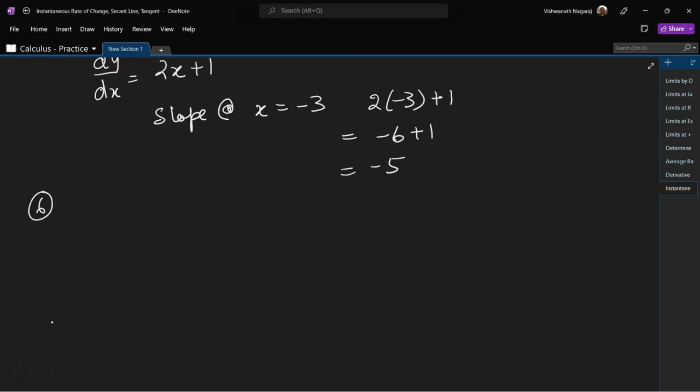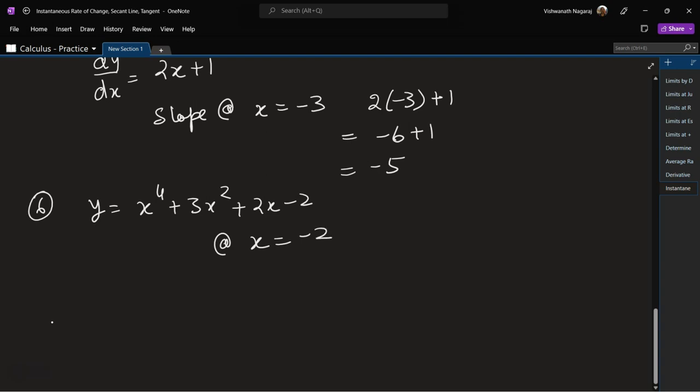Sixth one, y is equal to x to the power of 4 plus 3x squared plus 2x minus 2. And we have to figure out the instantaneous rate of change at x equal to minus 2.